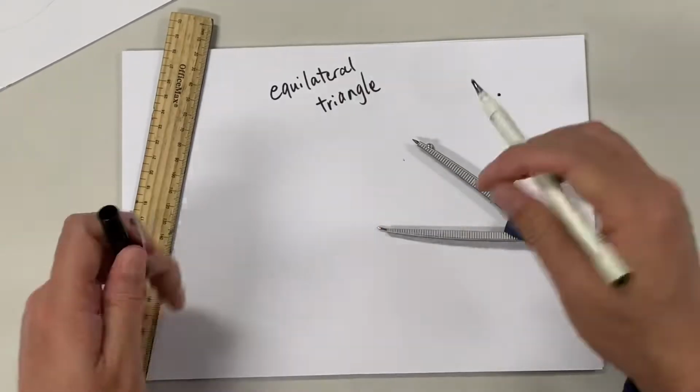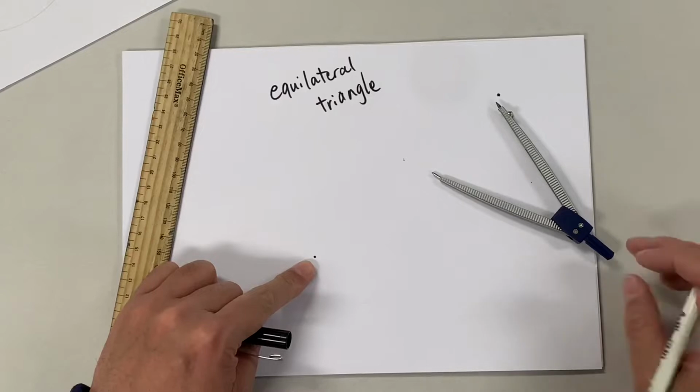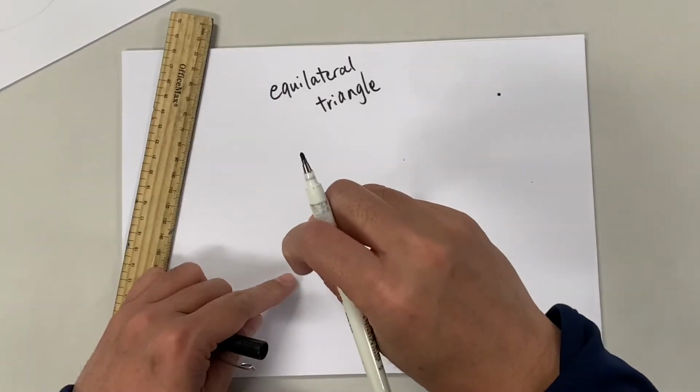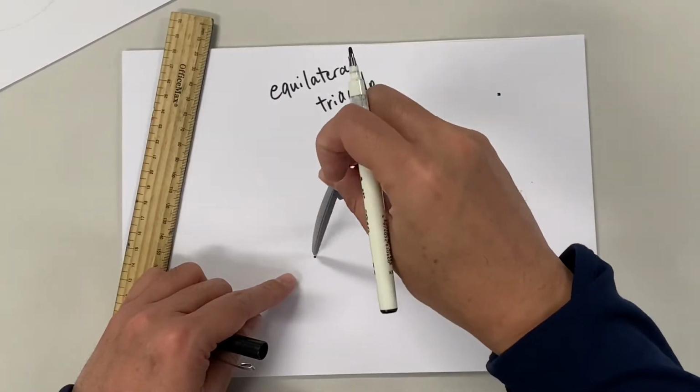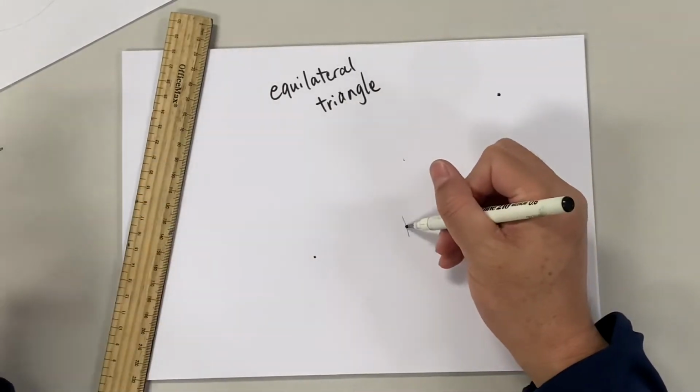I am sure there are so many different ways to do this. However, I draw a dot. That's a good start, isn't it? I'm going to have an equidistant arc. So somewhere here.